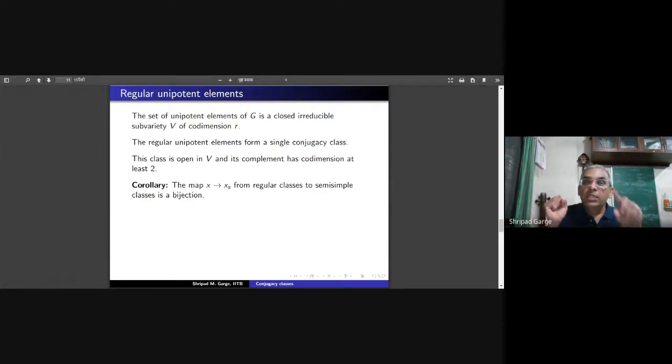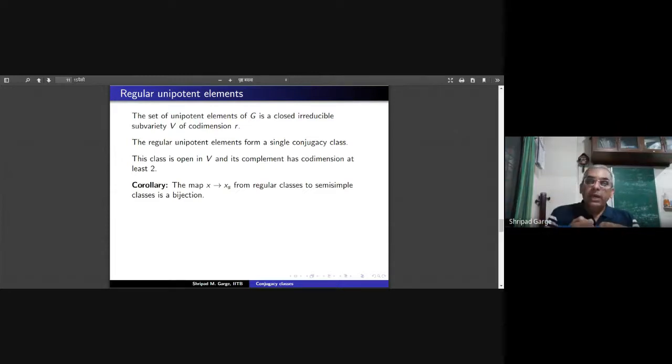This is because the semisimple part and unipotent part are unique with respect to some properties. What are those properties? The properties are that your element is a product of semisimple and unipotent, and moreover they commute. All these properties are satisfied by XS and XU, and so the semisimple part of XS XU has to be XS.